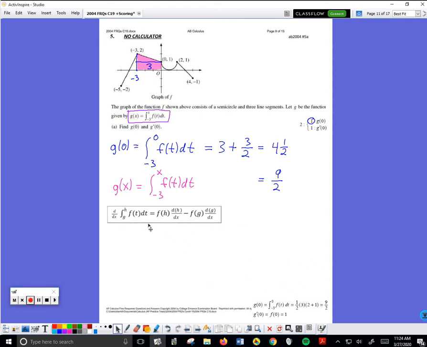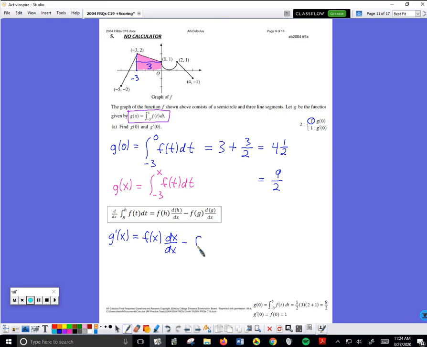The golden notes. So G prime of x must equal, okay, f of t means whatever is here, so that's the same. f of h, so the h here is x, so I get f of x, times d over dx of the upper limit, minus exactly the same thing for the lower limit.